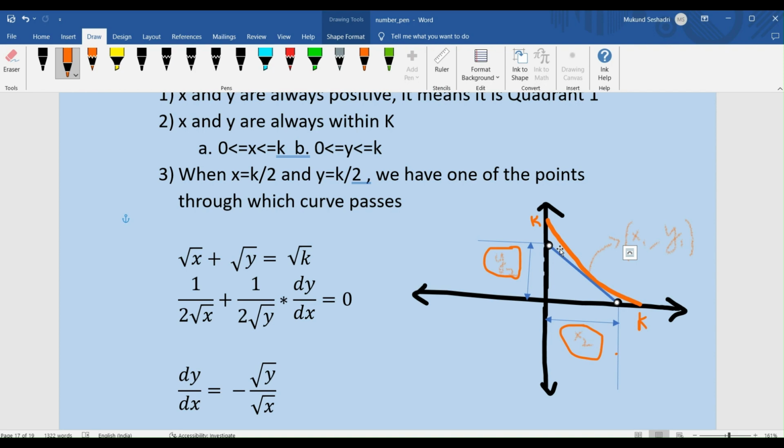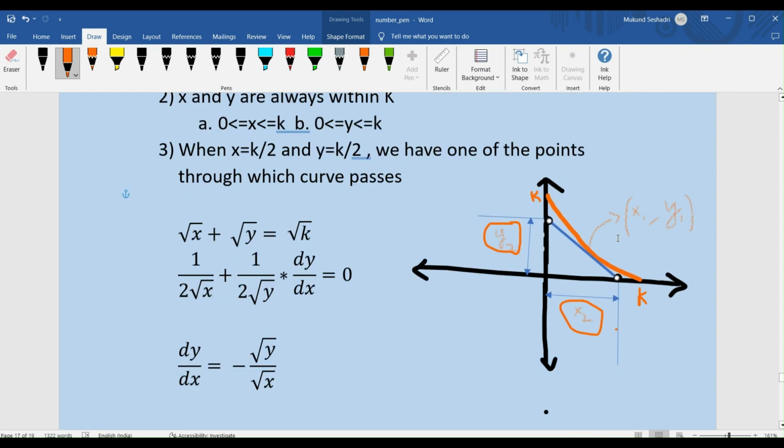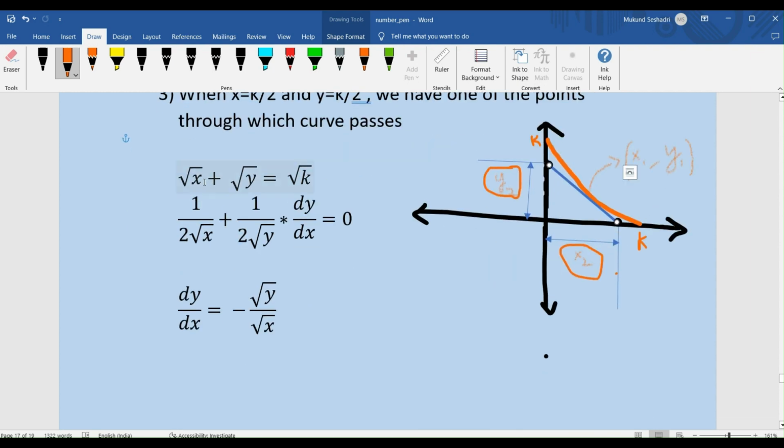So what is m? Go back to our past lessons. We know dy by dx is the slope of the tangent to the curve. So I take the equation and differentiate on either side. Root x becomes 1 by 2 root x, root y becomes 1 by 2 root y into dy by dx. k is a constant, so it equals 0. I rearrange to get dy by dx.